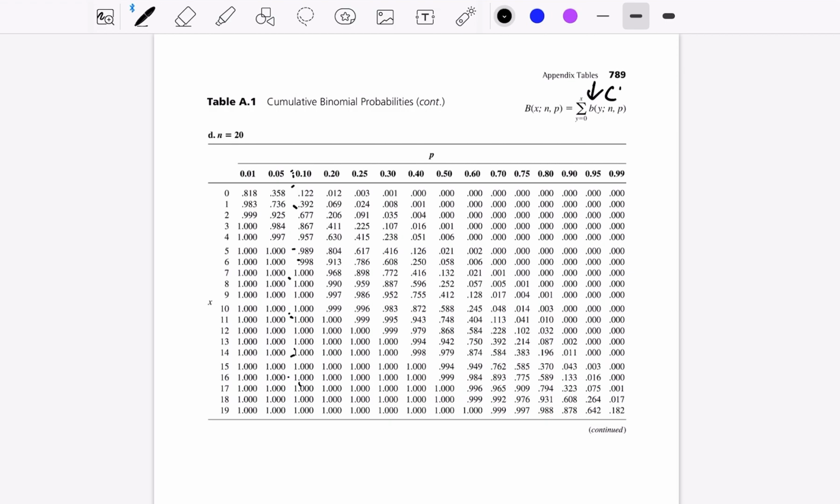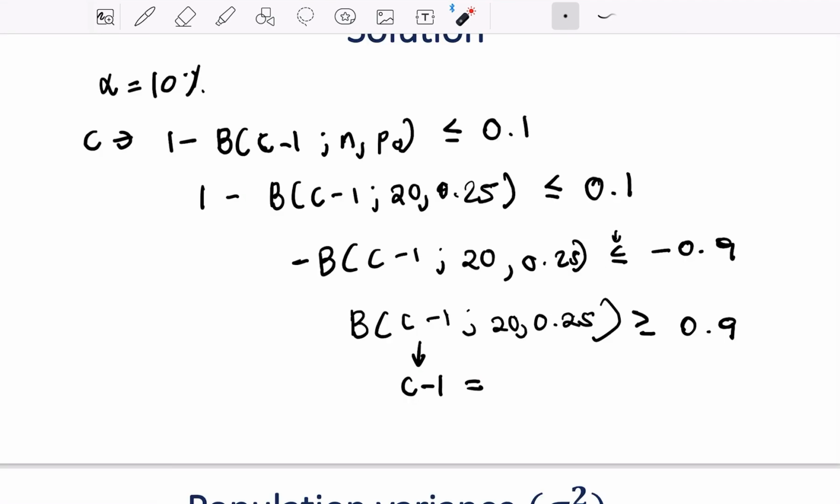So now you're looking at this case there, and you're interested in finding what x is. We want the value such that this probability is greater or equal to 0.9.